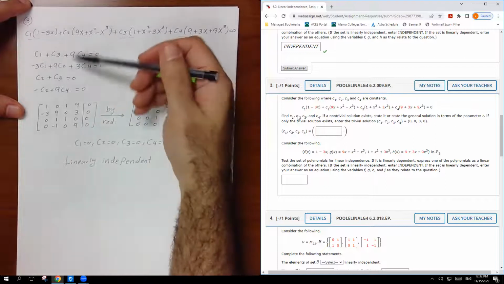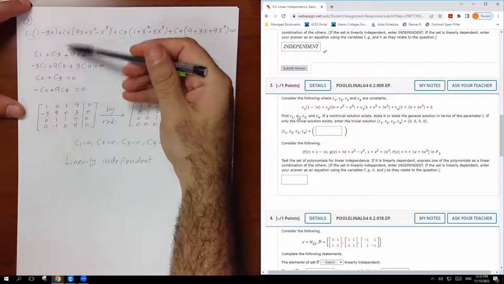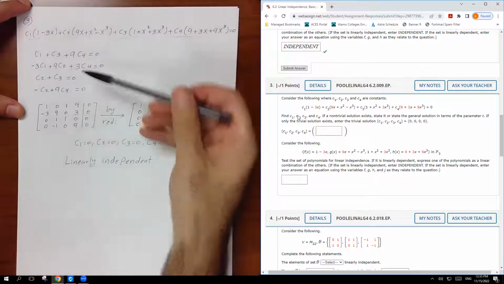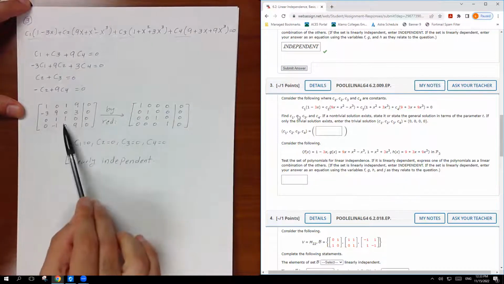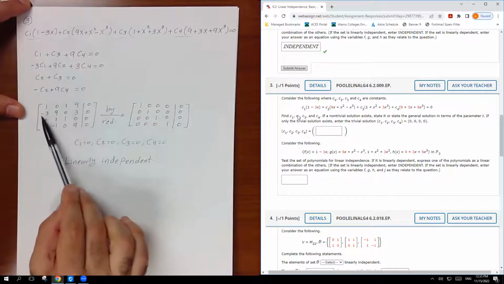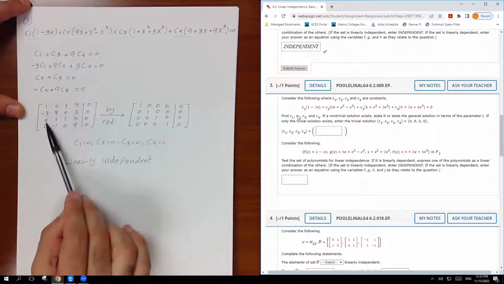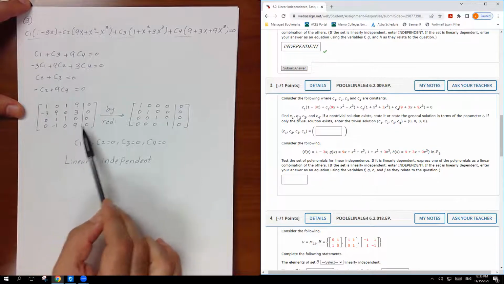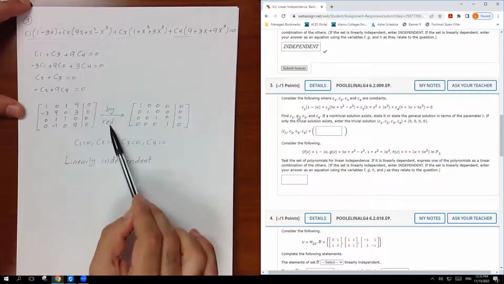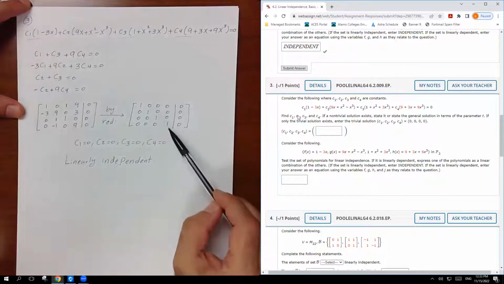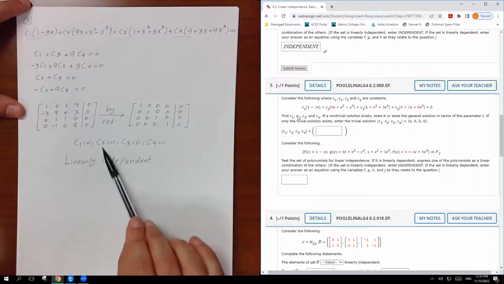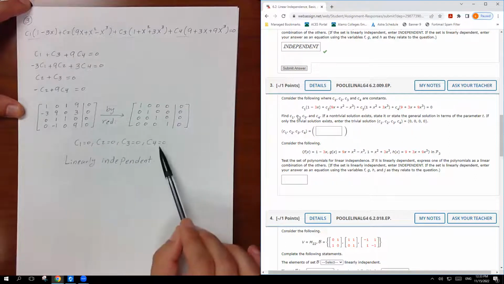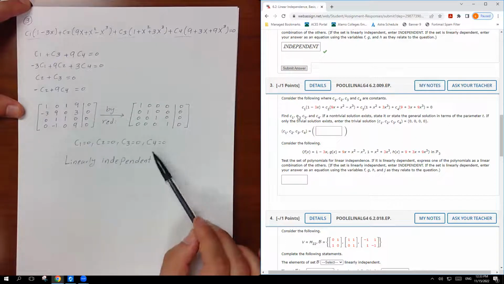So if you check here, you can solve these equations, but what I did, I converted this to a matrix: 1, 0, 1, 9, negative 3, 9, 0, 3, 0, 1, 1, 0, and 0, negative 1, 0, 9. By reduced row echelon form, we're going to get this matrix. That means C1 equals C2 equals C3 equals C4, which is 0.